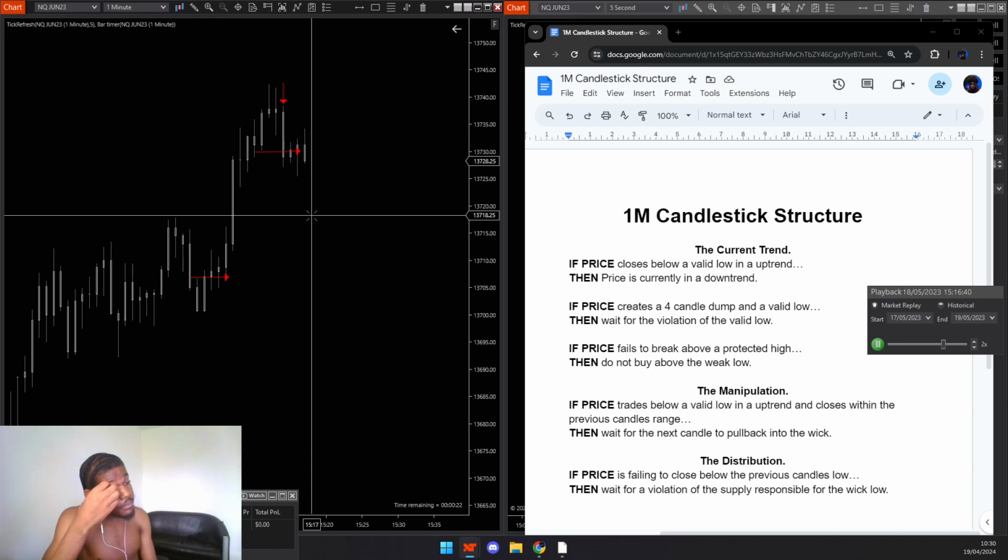So essentially, what you guys will see a lot in my trading is that I wait for the manipulation. If price trades below a valid low in an uptrend and closes within the previous candle's range, then wait for the next candle to pull back into the wick.